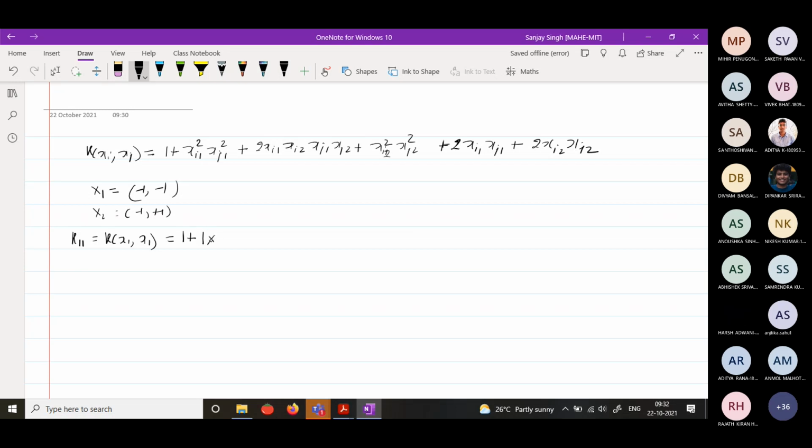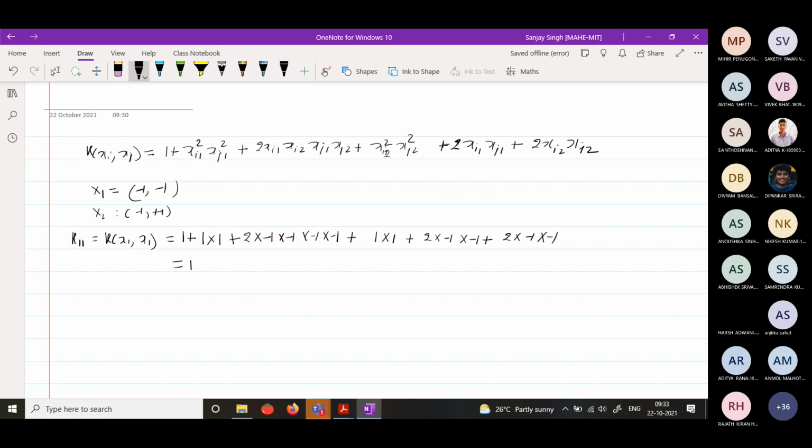So it is 1 into 1, because j is also x1 only, plus 2 into -1 into -1 into -1 into -1, plus 1 into 1 because of the square, plus 2 into -1 into -1, plus 2 into -1 into -1.